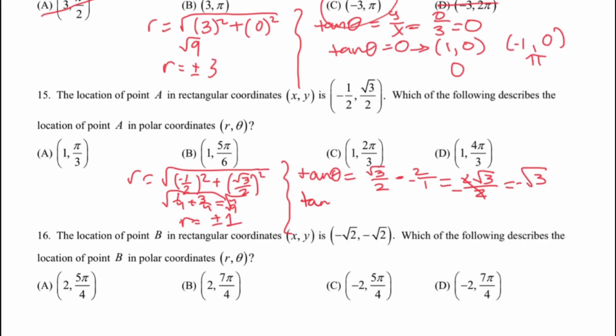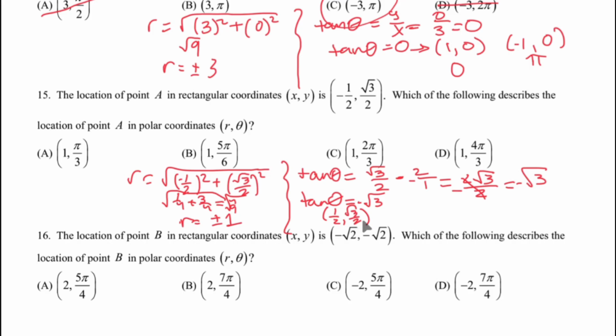So tangent of theta is equal to negative square root of 3, and we know that coordinates that look like this would give us square root of 3. Because I know it's either going to be this coordinate or square root of 3 over 2 comma 1/2, you just have to test it.